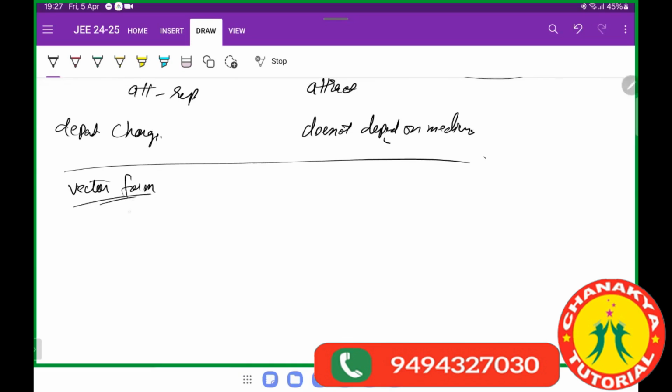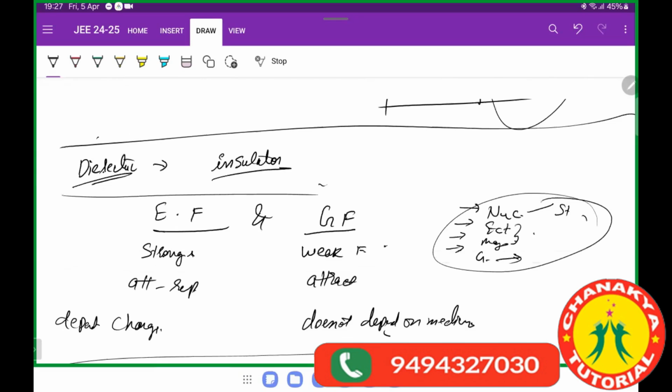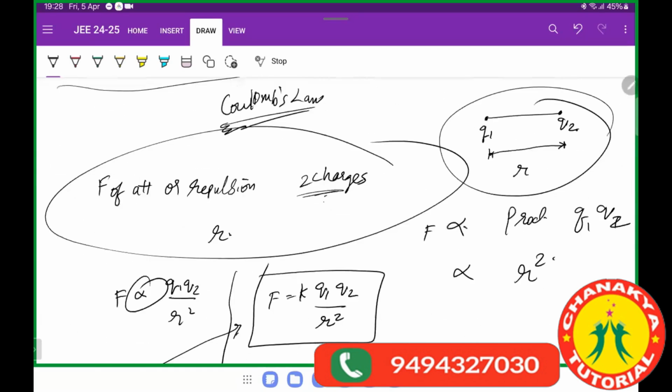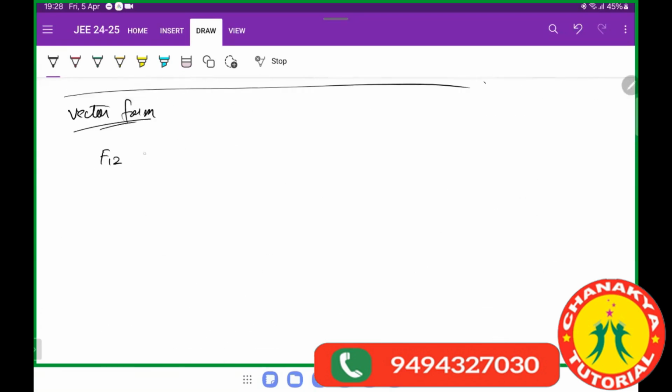For the force F12, from 1 to 2, F12 equals 1 by 4 pi epsilon naught q1 q2 by r12 cube times the r12 vector, or we can write it as r square times r cap.